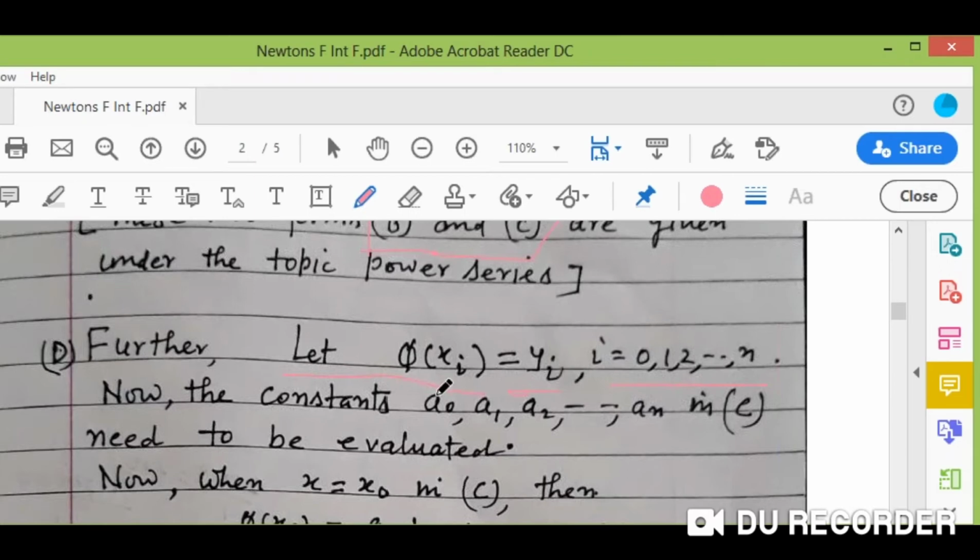What does it mean? Phi xi is equal to yi means this phi xi is approximating each and every value of the function, because we have already considered that this is the approximating polynomial.